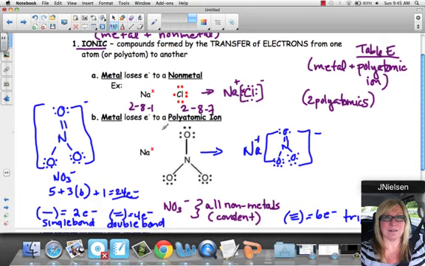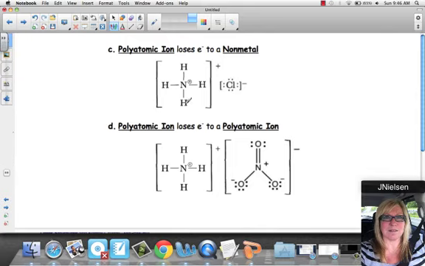I need you to draw stuff like an A. When I have a metal and a nonmetal, or a metal and a polyatomic, or two polyatomics, which I haven't showed you yet, it is an ionic bond. There is a transfer of electrons from one atom or polyatomic to another. That's the big picture that I need you to understand.